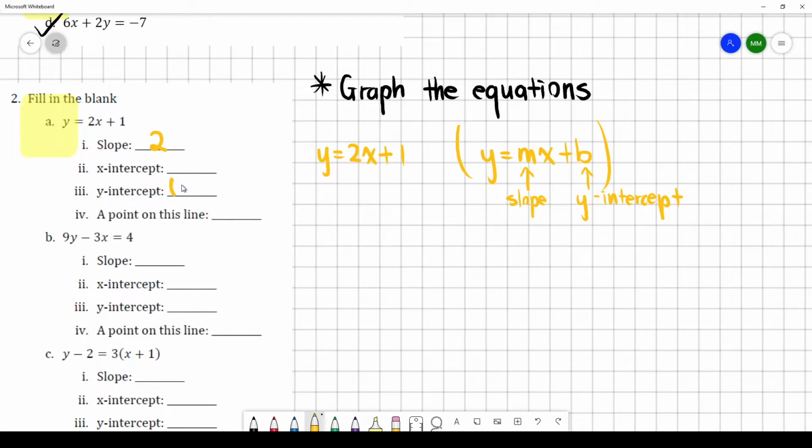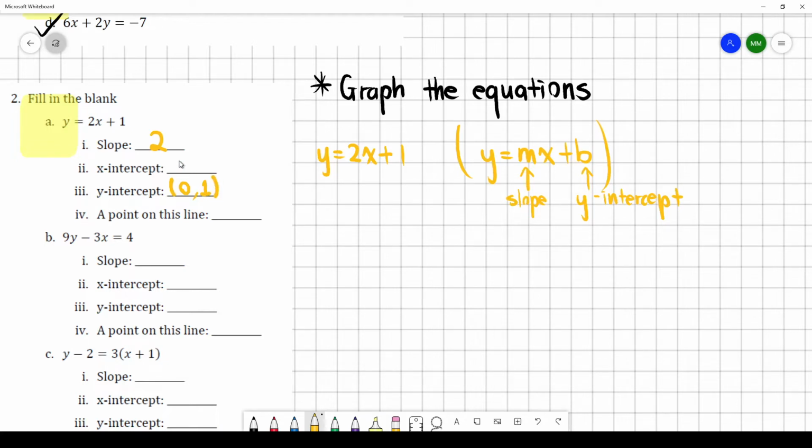The point must have an x and y coordinate. When the point is on the y-axis, the x value will be 0, and the y value is the y-intercept, so that's 1. So the y-intercept of this line is (0, 1).